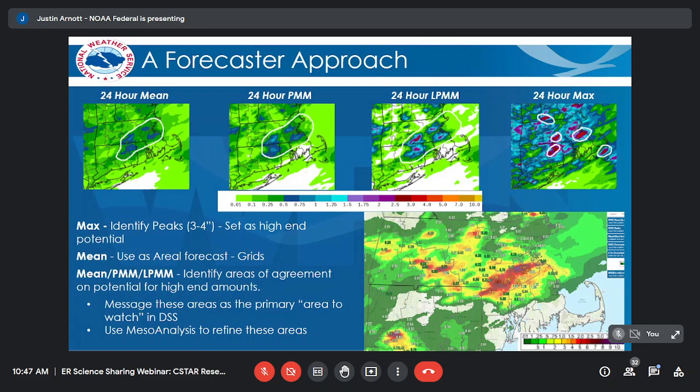Whereas in the ELSA case, while maybe you could say the max was overdone, it really wasn't overdone by a ton because the forcing was broader.